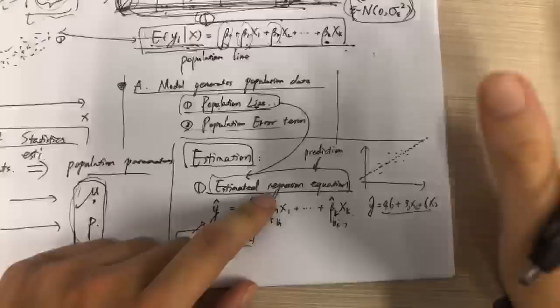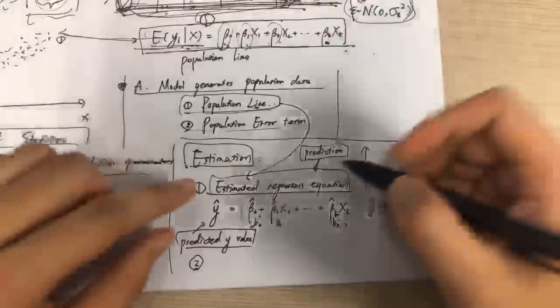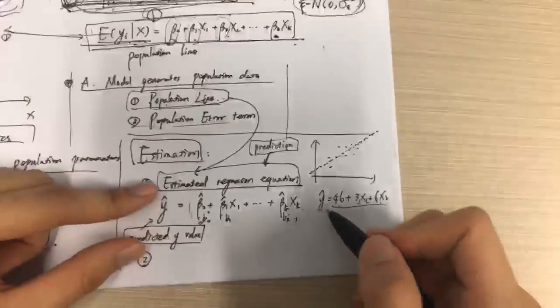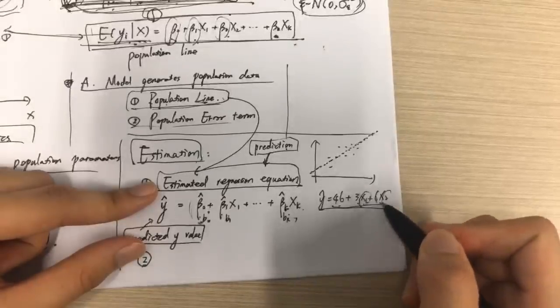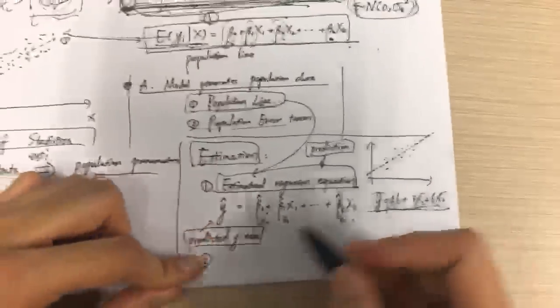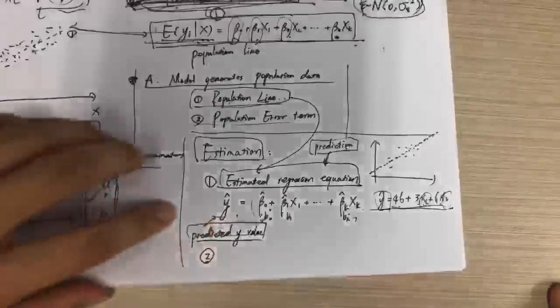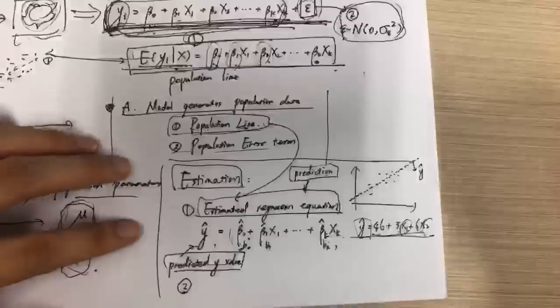Sorry, I just finished my dinner, so my brain is not functioning very well, but we use that for prediction purposes. Once we get this equation, every time we plug in all the numbers of x, we can predict a y value. So this is called the predicted y value. This straight line is y hat.